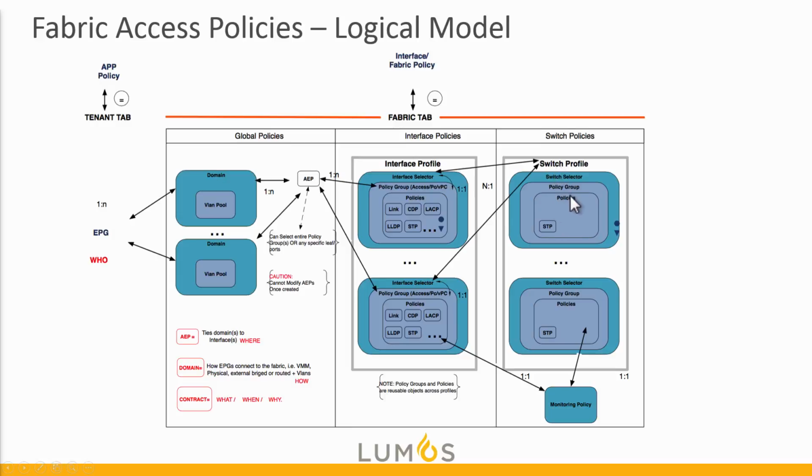Normally, we don't have to do anything with switch profile policy groups and policies, because about the only policy group is, for instance, multiple spanning tree regions. And again, we don't speak spanning tree outside of the fabric, but we do have the ability to define regions, so we can define where spanning tree BPDUs are allowed to flood, and also how spanning tree topology change notifications, or TCNs, affect which endpoint groups and flush particular CAM tables.